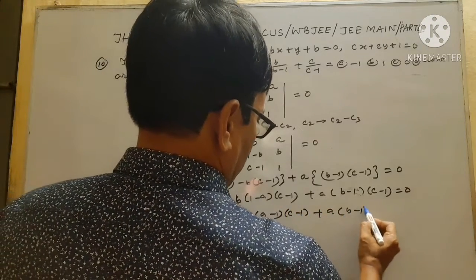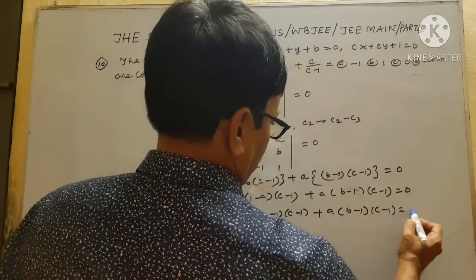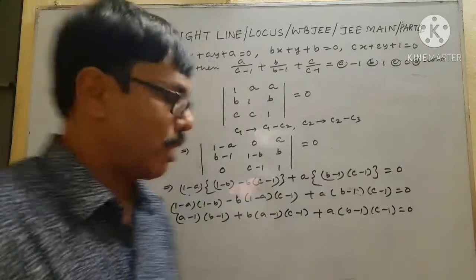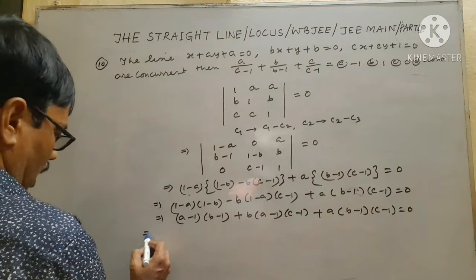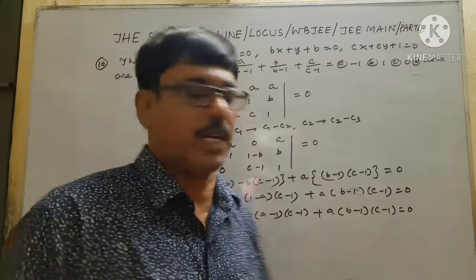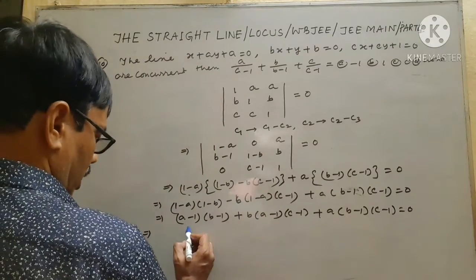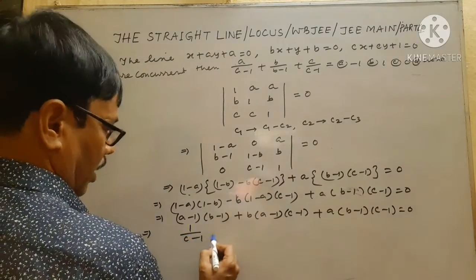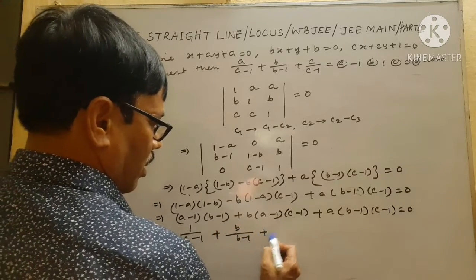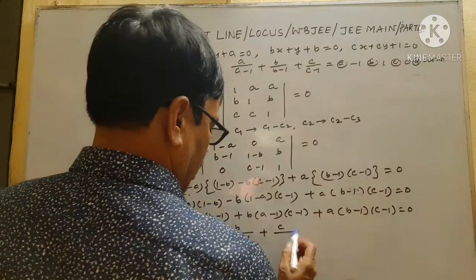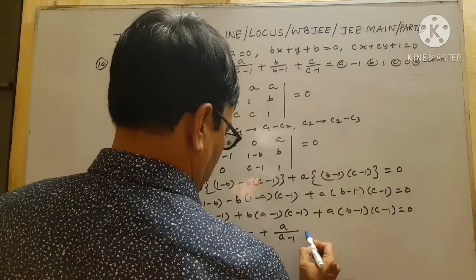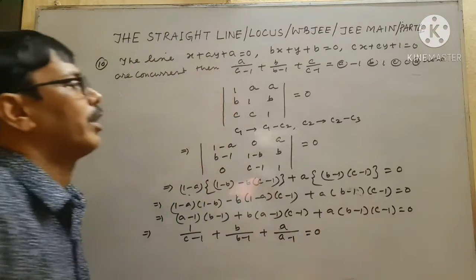And it is given in the proof form, so divide throughout by (a minus 1)(b minus 1)(c minus 1). So what we are getting: 1 by (c minus 1), b by (b minus 1), a by (a minus 1) equals 0.